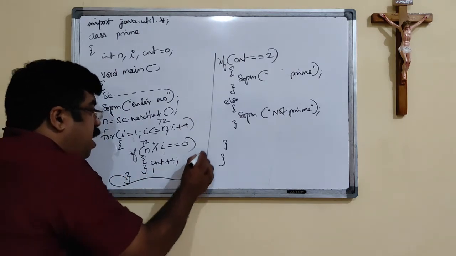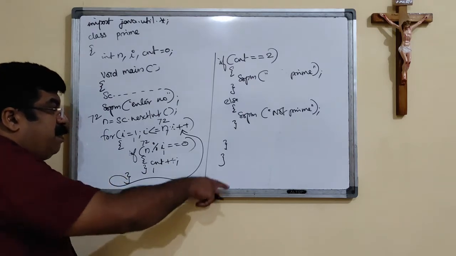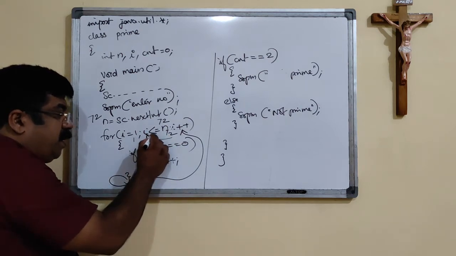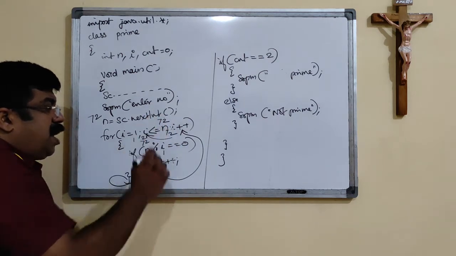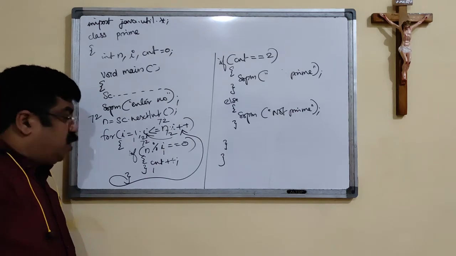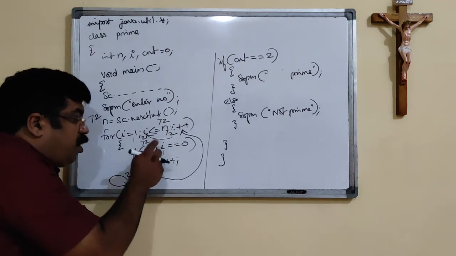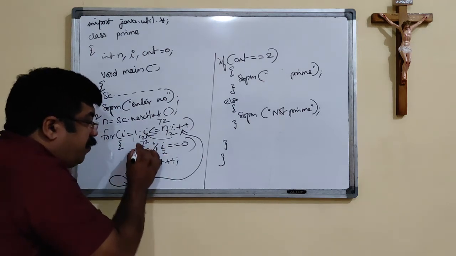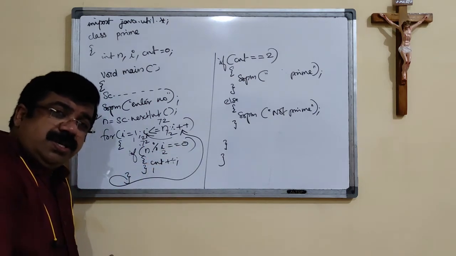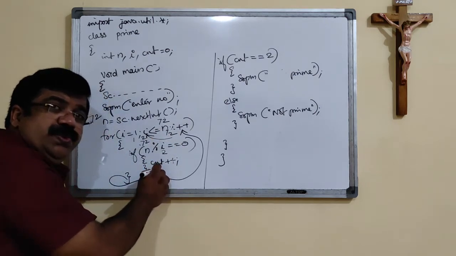The loop will be updated. i became 2 now. Checking the condition whether 2 is less than or equal to 72, the condition is true. Coming to the body, 72 divided by 2 equal to 0? Yes. Condition is true. Count became 2.